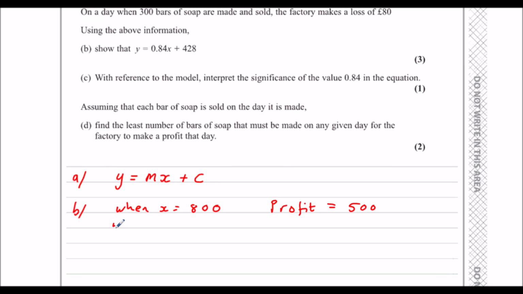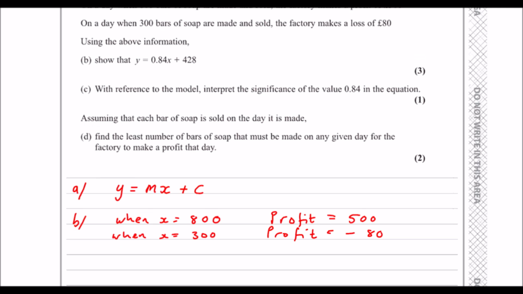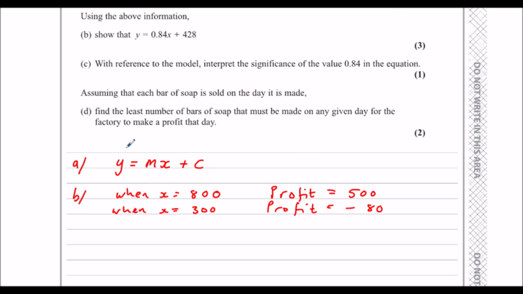And when X is 300, the profit, well, is negative £80. So the profit is how much they make minus how much it costs to make.